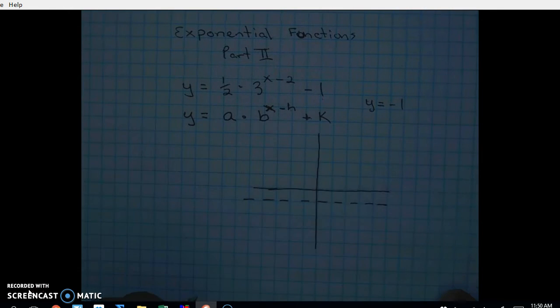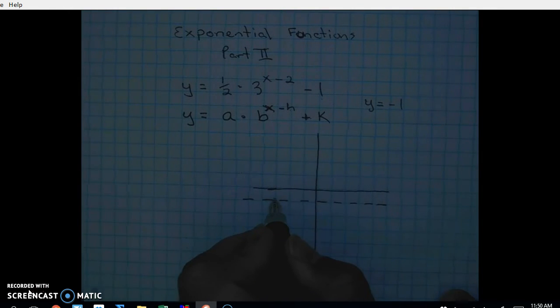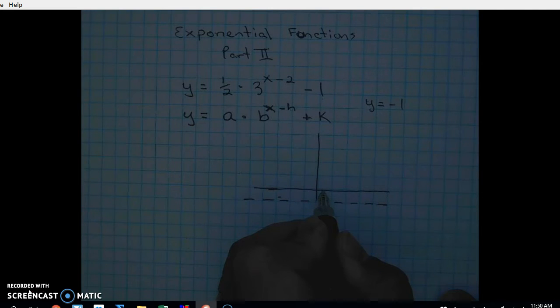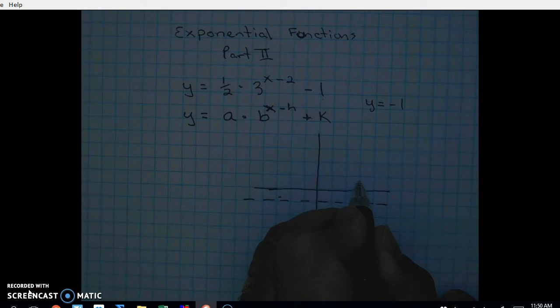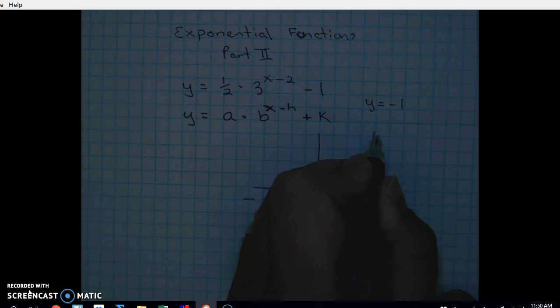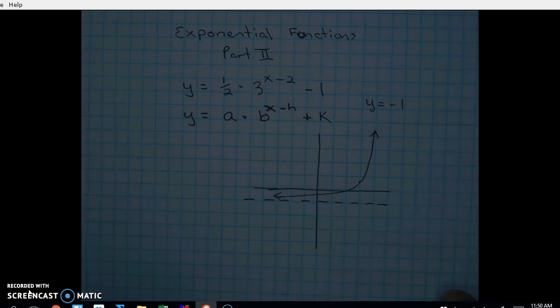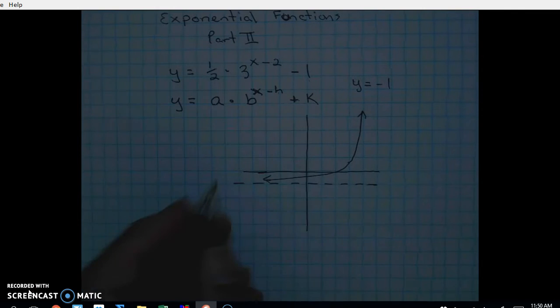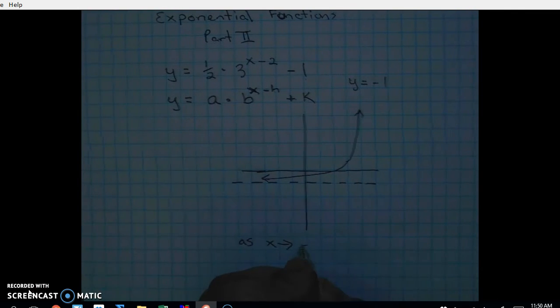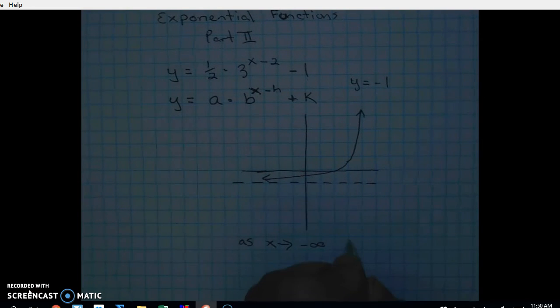So when you graph it, it's going to kind of look like something like that.